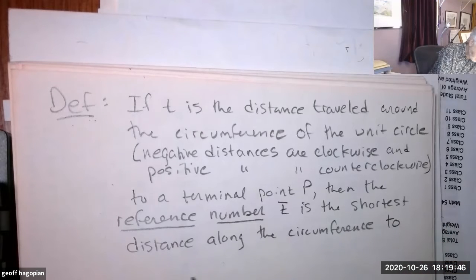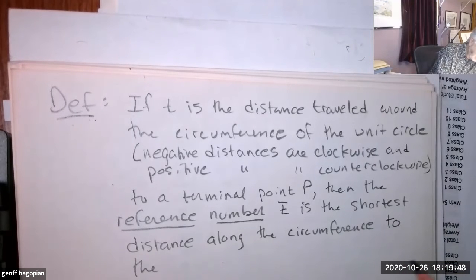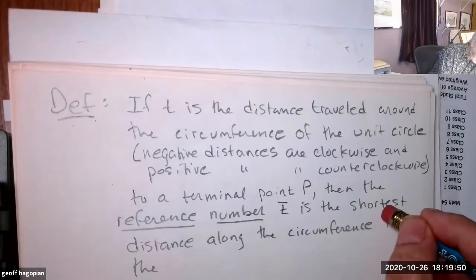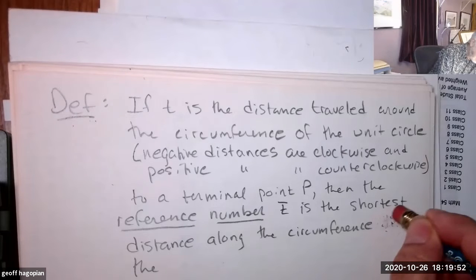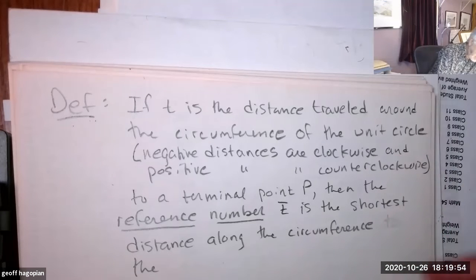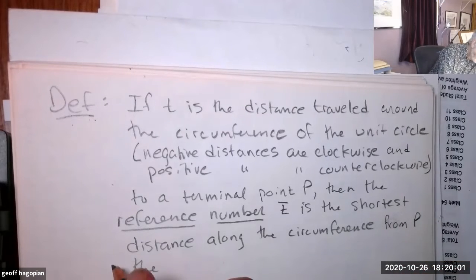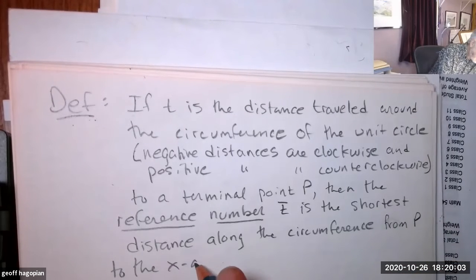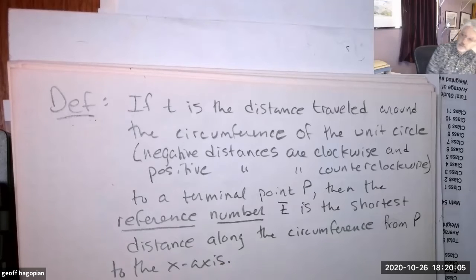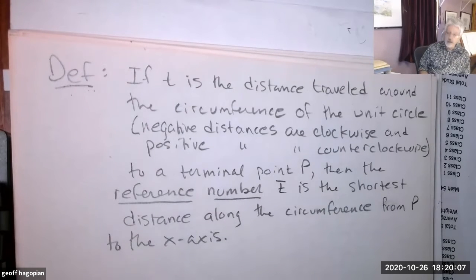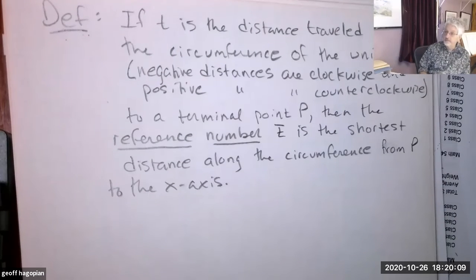I guess I should say from, yeah, I'm using the eraser. How about that? From P to the x-axis. All right, I guess we better have an example of that, huh?